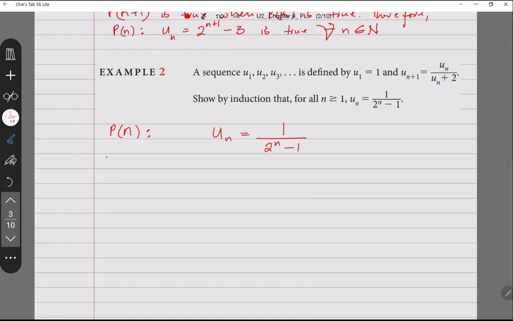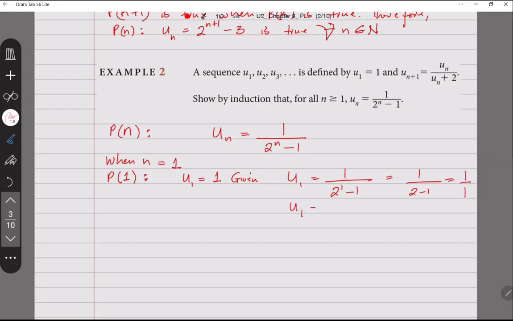So I'm going to start by saying when n is equal to 1, P1, we're told, so U1 would be equal to 1. This was given. And U1 is also equal to, using the formula, 1 over 2 to the 1 minus 1, which is 1 over 2 minus 1, which is 1 over 1.